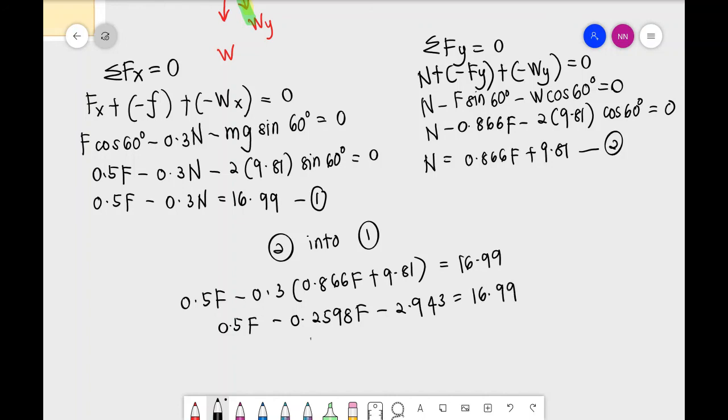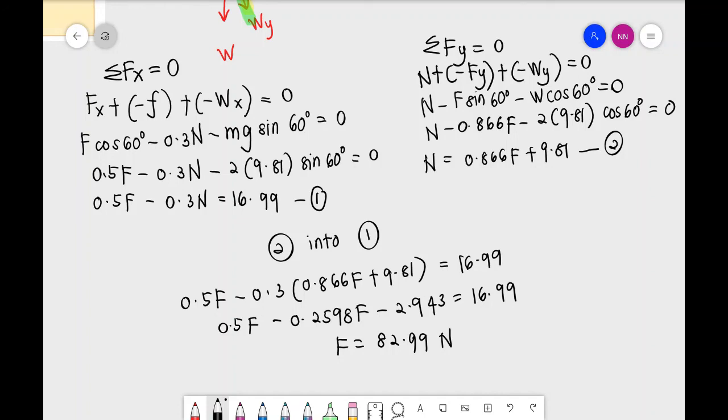So we can determine F. F equals 82.99 Newton. And then how about the normal force?